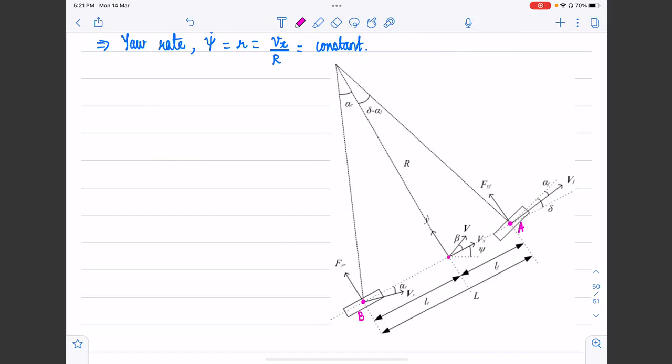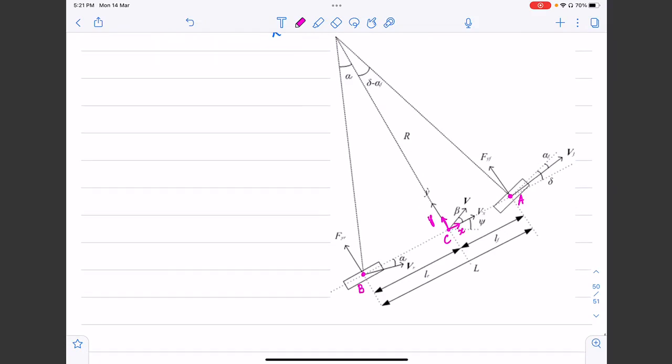Let's say the center of gravity is at the point C. Capital L is the wheelbase, and C is the center of gravity. At this point, we have a local frame of reference, small x, small y, and we also have a global frame of reference, capital X, capital Y. These are things we are already aware of. Let us say that we give a steering angle input of delta to the front wheel. The rear wheel is not steered.